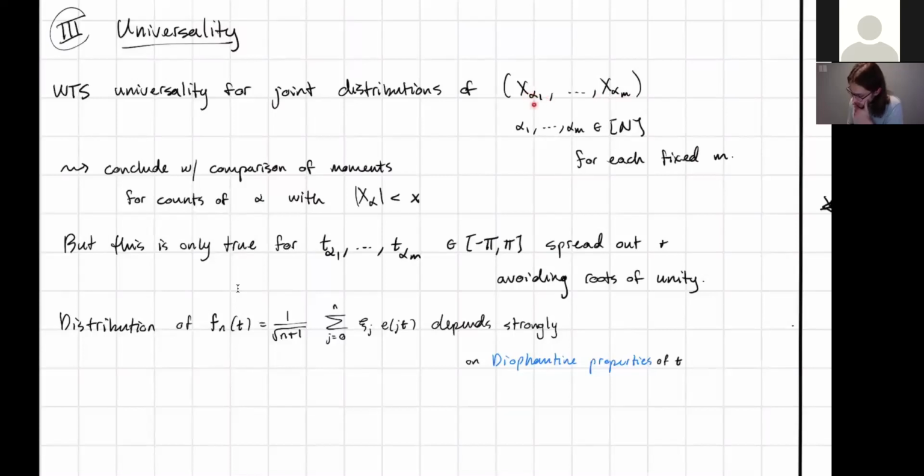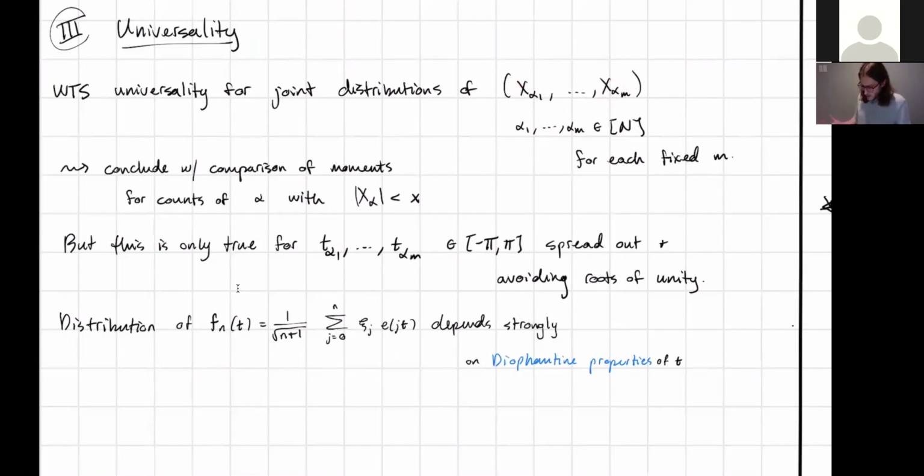Remember, alpha was going from 1 up to capital N. This is this discrete set of points on the circle, or between minus pi and pi. And then we're looking at roughly the rescaled modulus of the field at that point. We want the joint distribution.